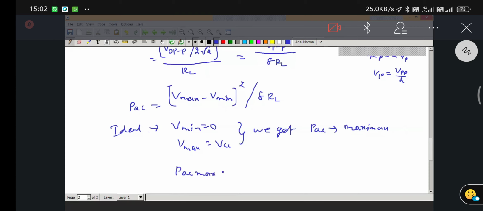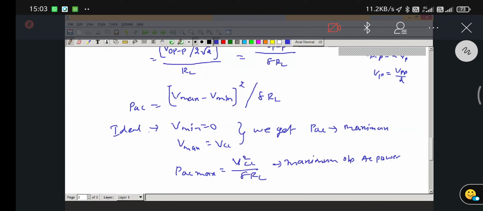PAC max will be given as, substituting V max equals VCC and V minimum is 0, VCC minus 0 whole square, that is VCC square over 8 RL. This is the maximum output AC power.